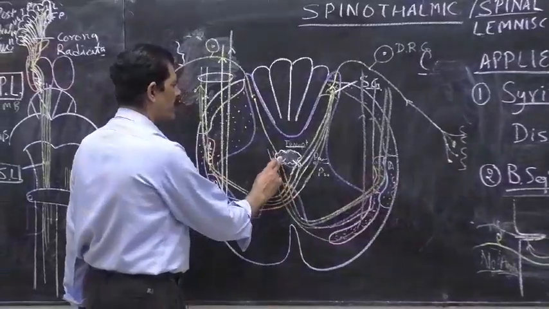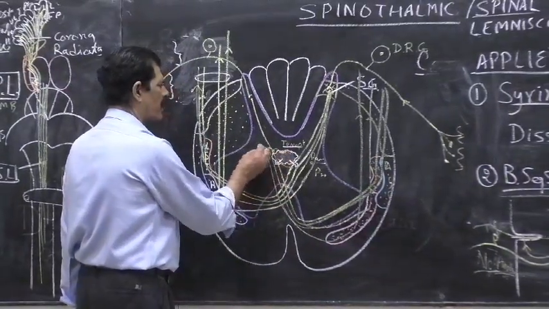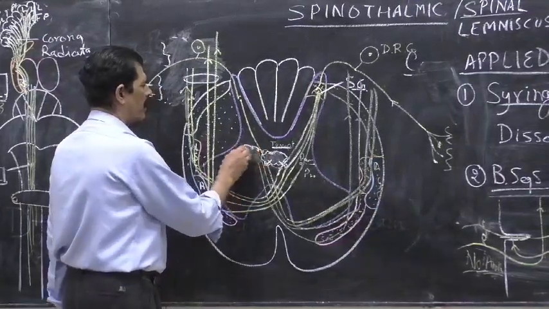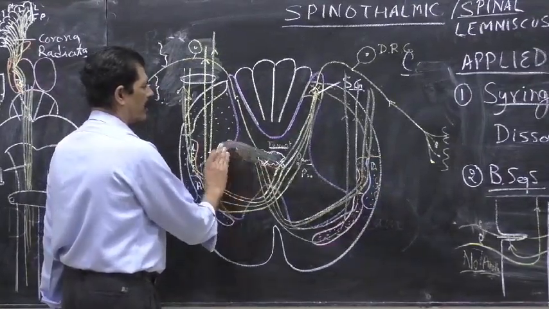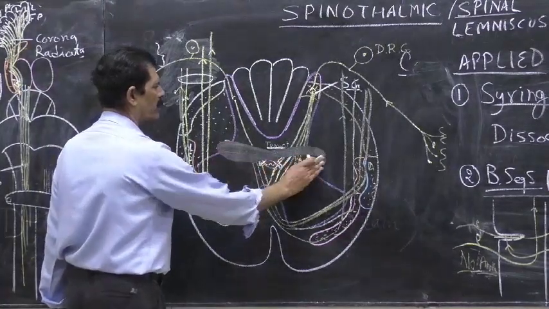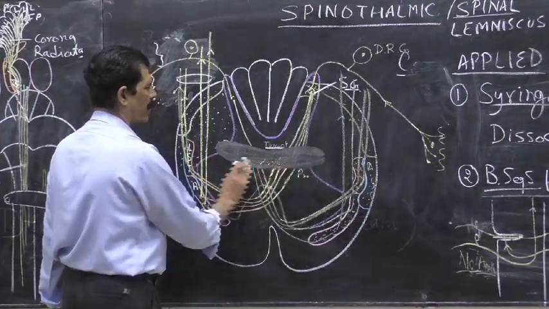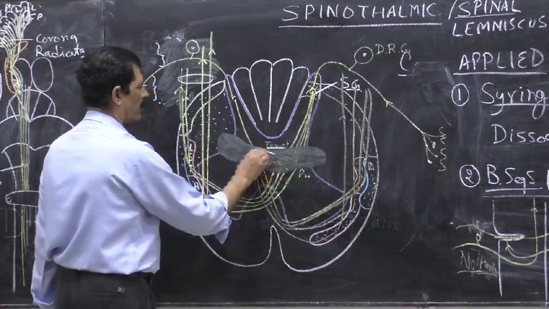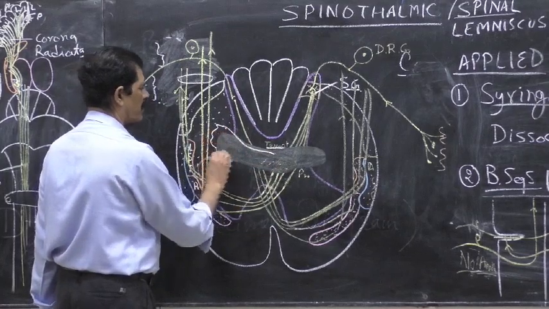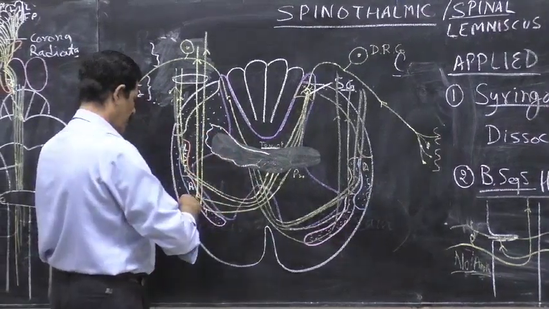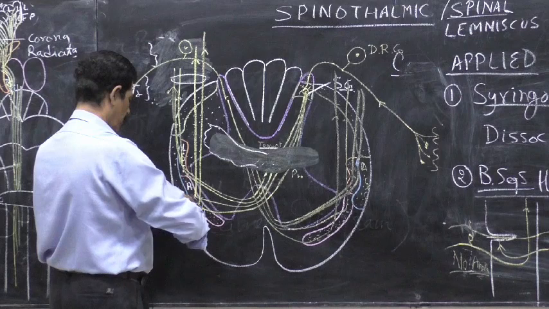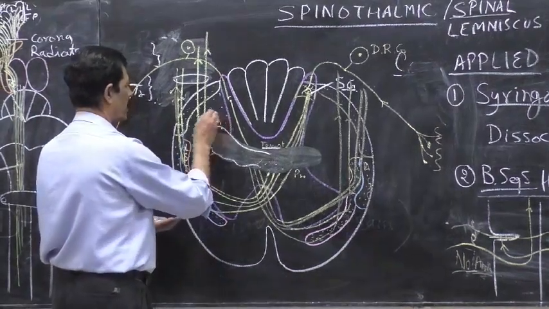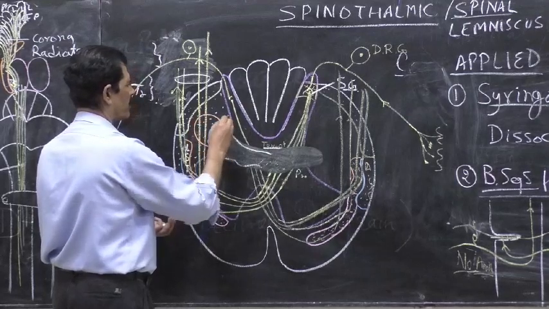If this dilatation further progresses, the central canal further enlarges, and if it involves the whole of the ventral horn, we know here lies one very important bundle of nerve fibers, the lateral corticospinal fibers.